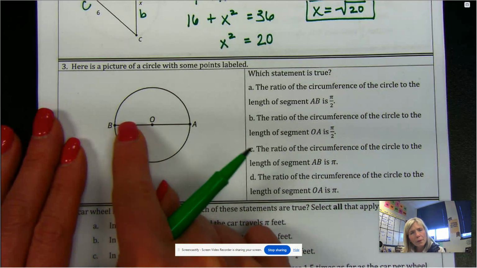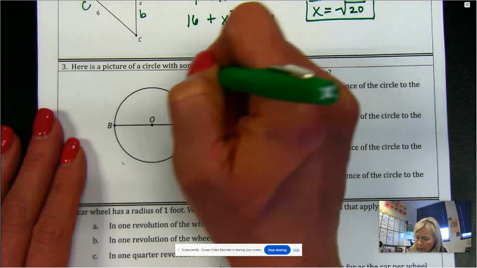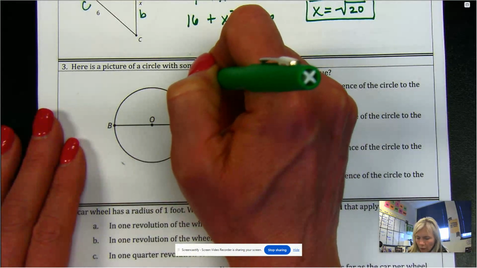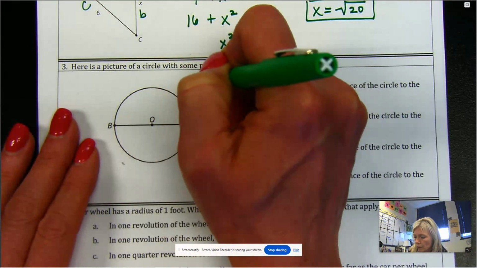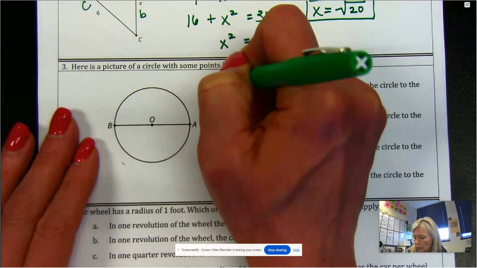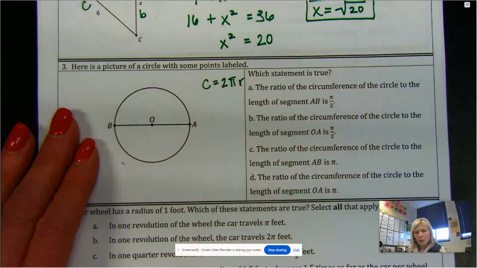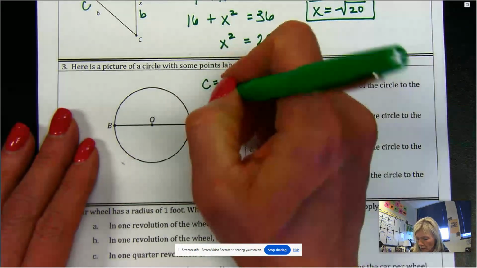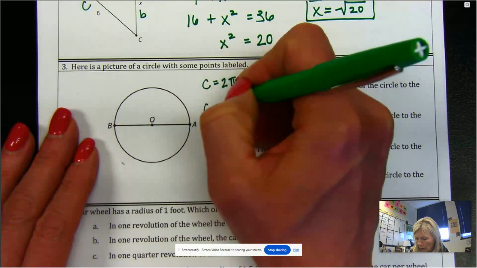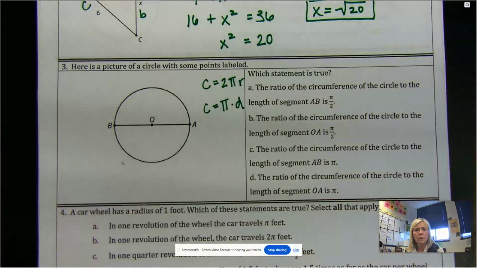Okay, so circumference to diameter. I remember that there is something about circumference and diameter having to do with pi. And I remember a formula for circumference that involved pi. So circumference is equal to 2 pi times the radius. Well, 2 times the radius is the diameter, so the circumference is equal to pi times the diameter. Those would be equivalent.